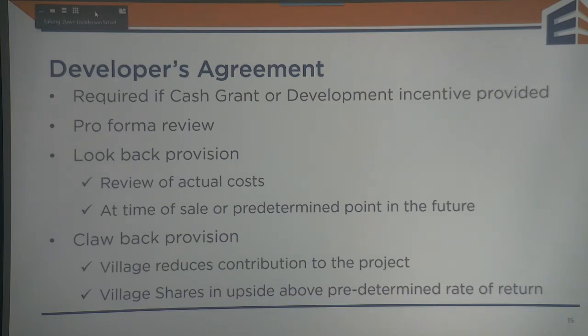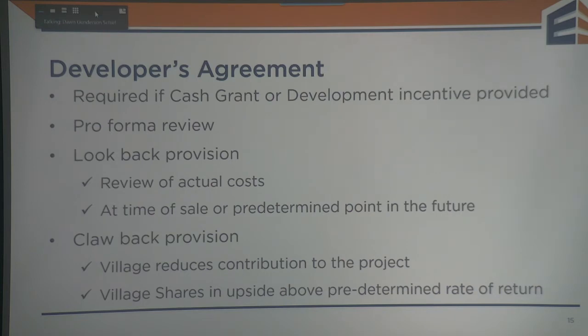A couple other things that I think are important as you move forward with any review of this project is that developer's agreement. We would encourage you to have a look-back provision. Many times you'll have developers that have pushed back on this, but I think it's really important. When we're initially provided with the sources and uses on a development, they're estimates.